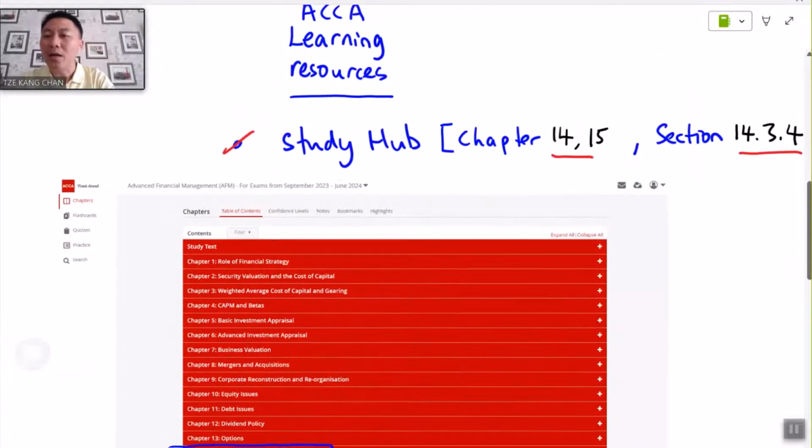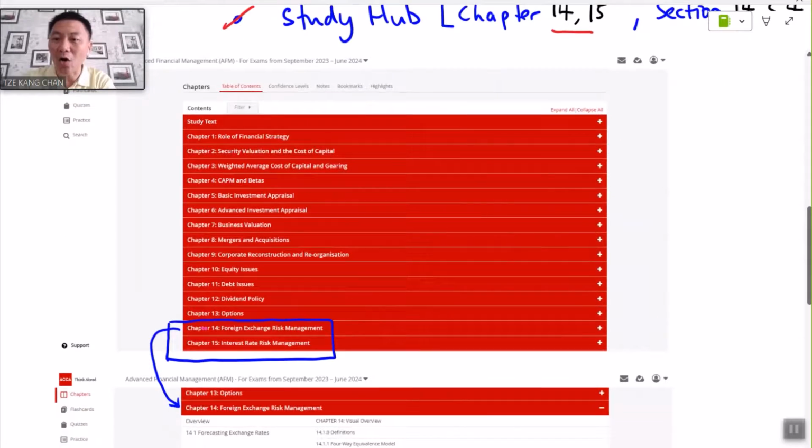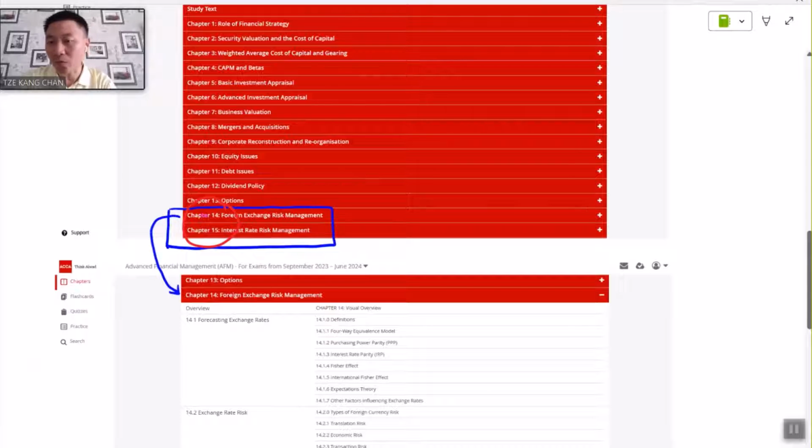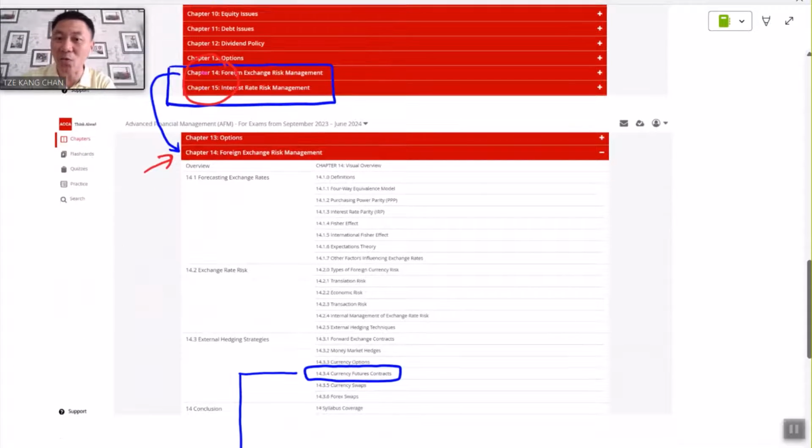Guys, once you get into the study hub, referring to the chapter on the left-hand side of the tab, you will find these two chapters towards the end of it. Referring to chapter 14, once you click it in, you will be able to see a series of subsections on the content.